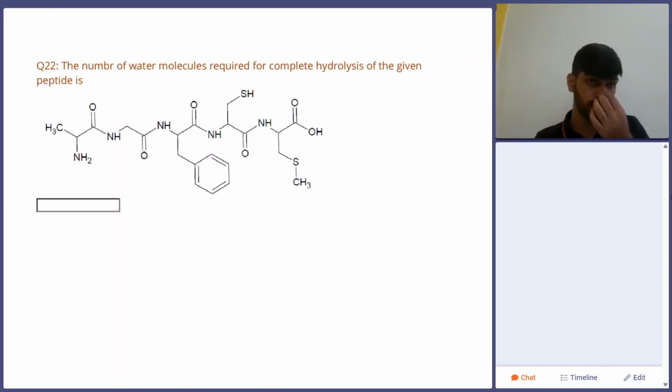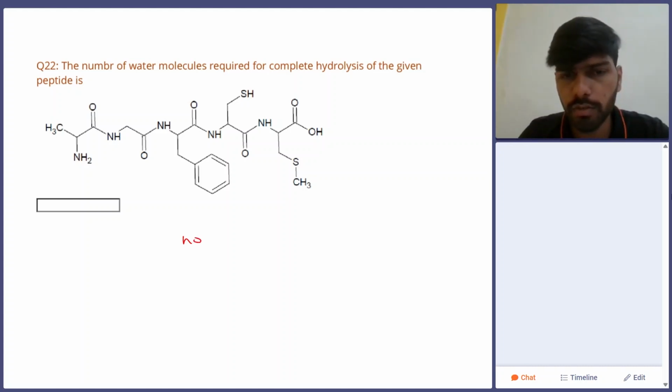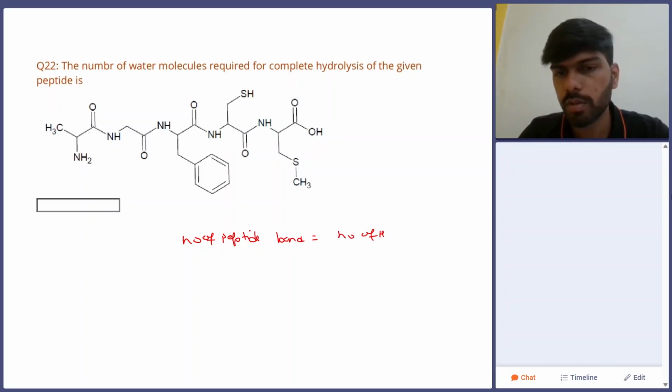Next question, 22. The number of water molecules required for complete hydrolysis of the given peptide. So for that, how to check? Remember, the number of peptide bonds is equal to the number of water molecules required for the hydrolysis.